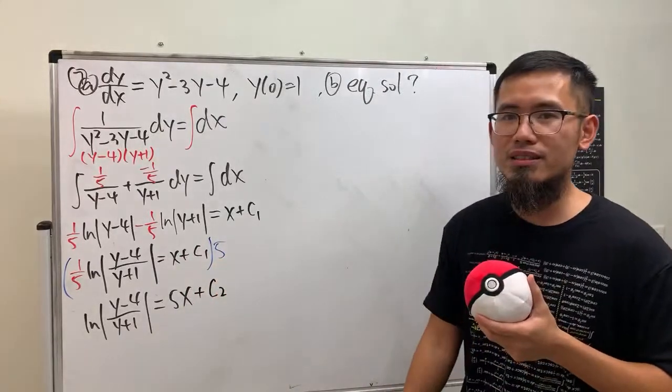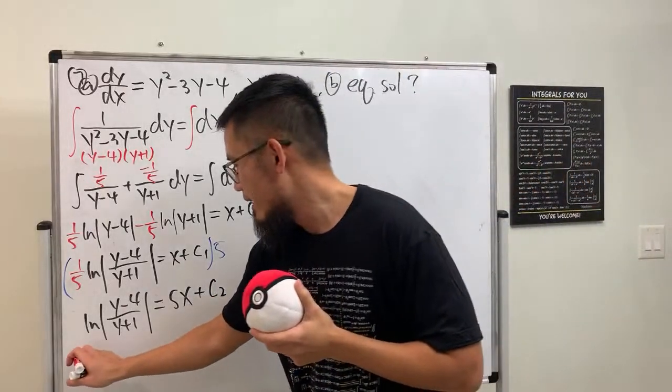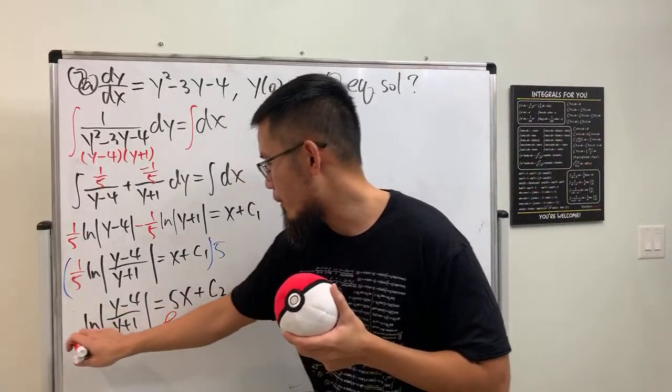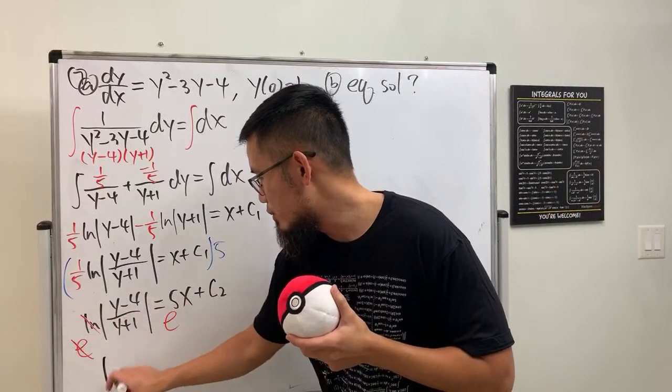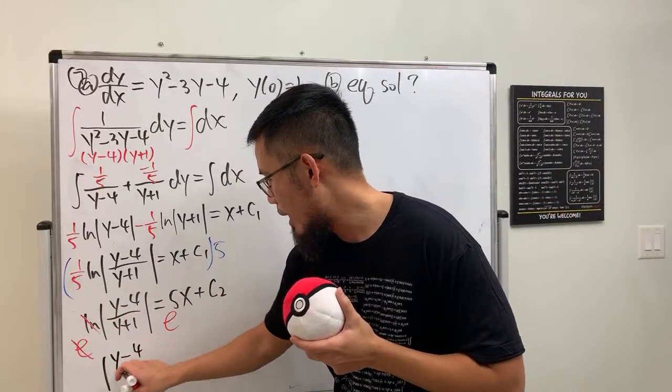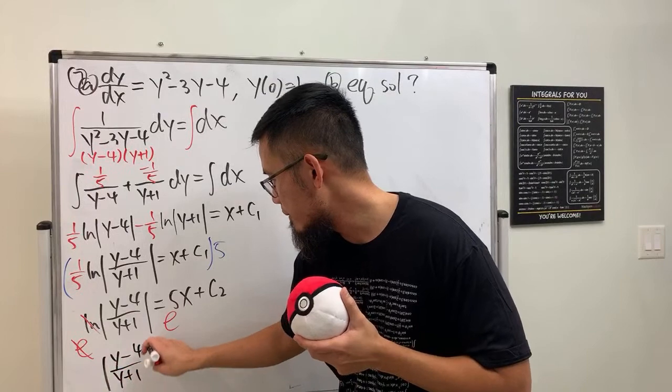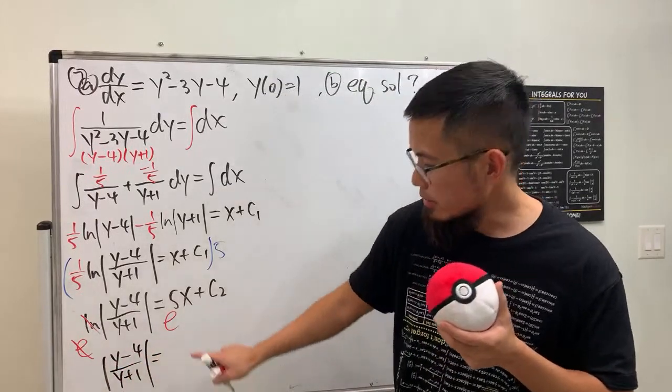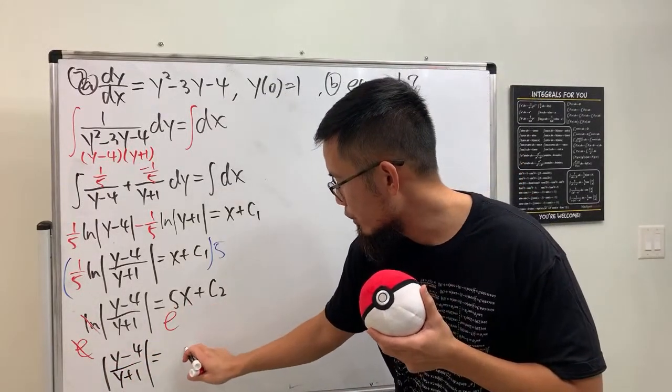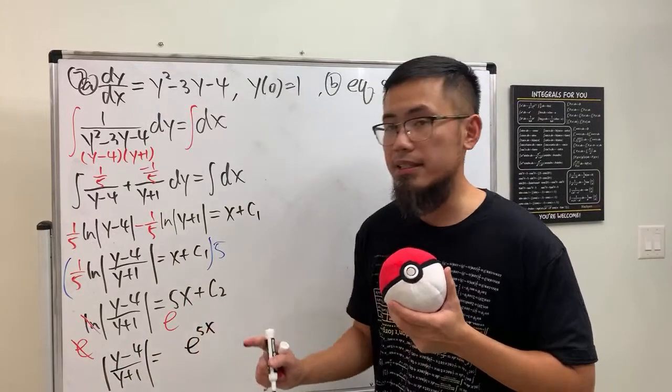That's it, very nice. All right, e to this power, e to that power, cancel these guys out. Technically, you still have the absolute value. So y minus 4 over y plus 1. Now check this out. e to this power, so you maintain that, e to the 5x.